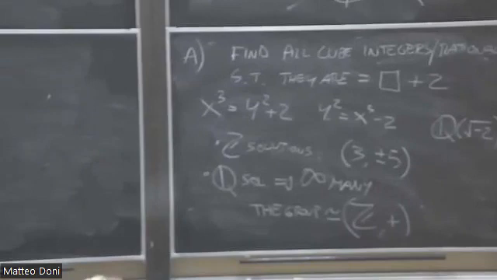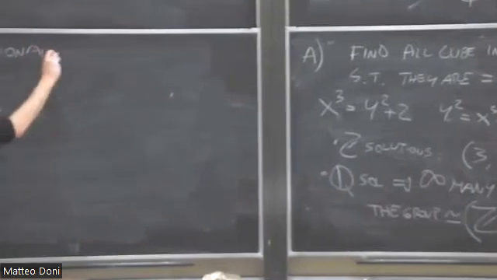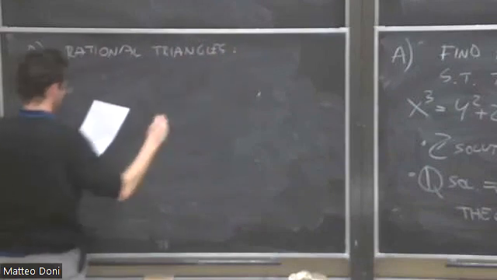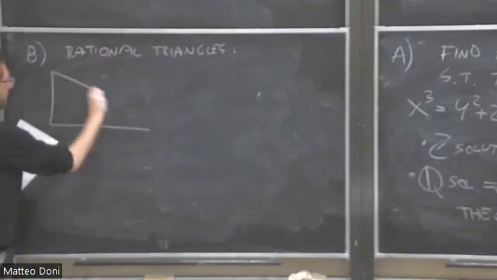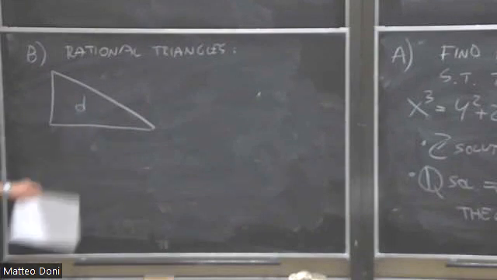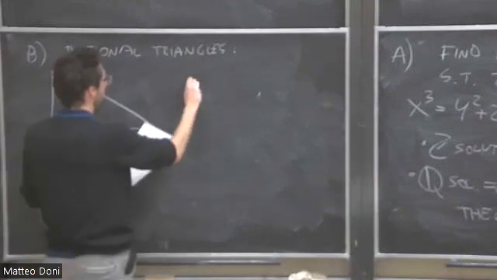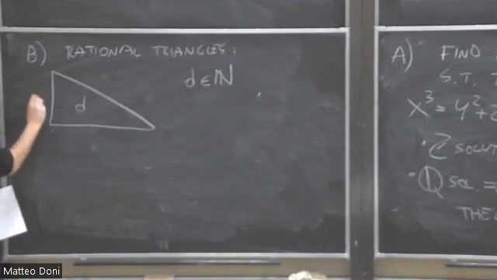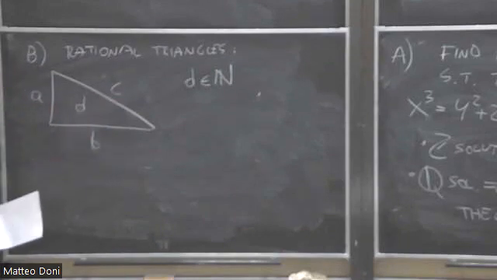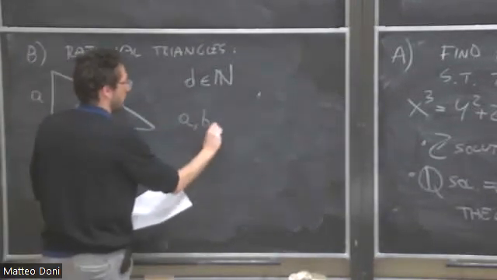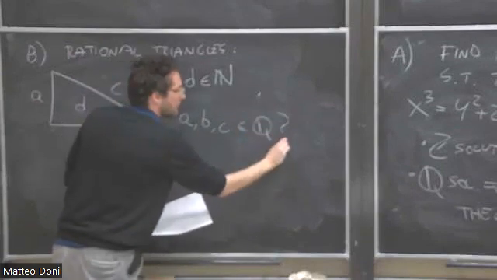The second example is the problem of rational triangles. Take a right triangle with area a natural number D. The problem is, can you find such a right triangle with sides A, B and C, all rational numbers?